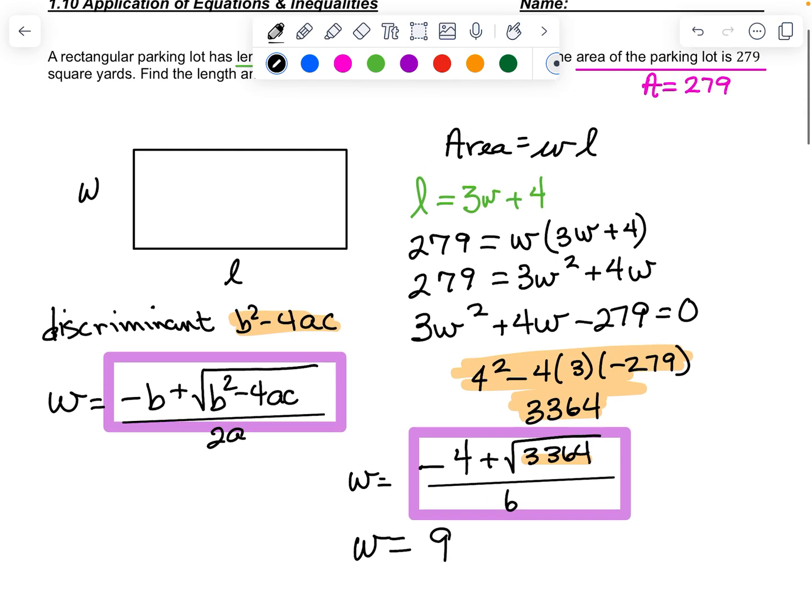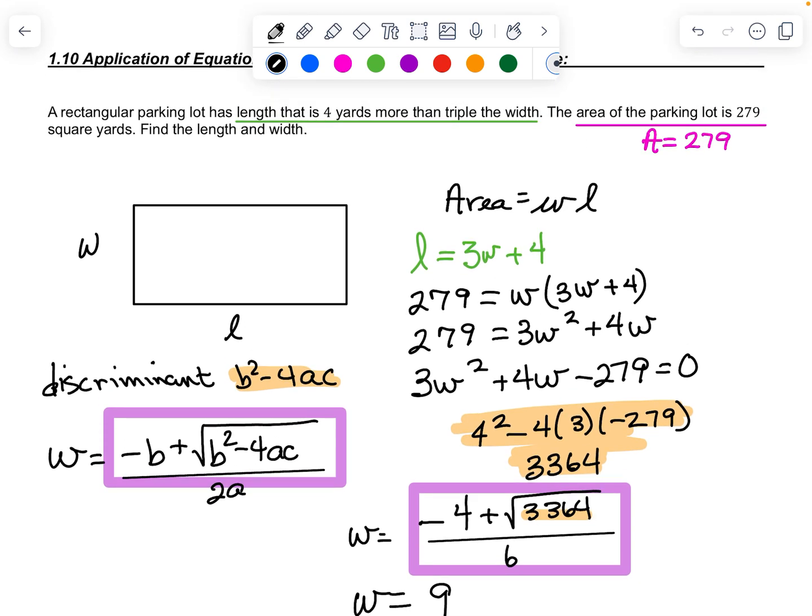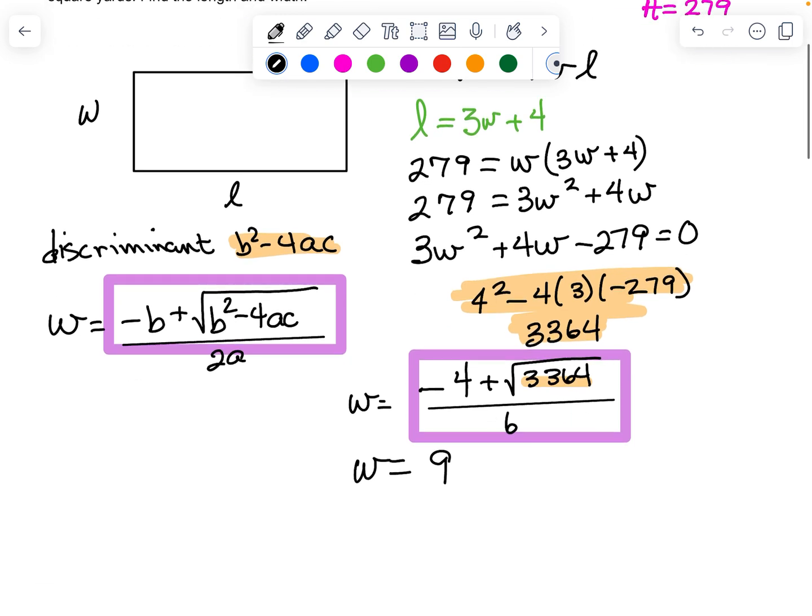So the rectangular parking lot has a length that is 4 yards more than triple its width. The area of the parking lot is 279 square yards. So find the length and the width. So this is 9.